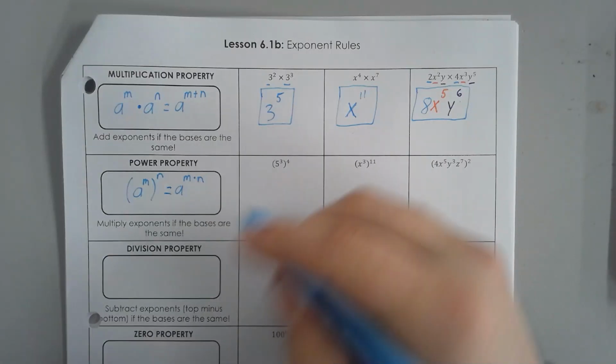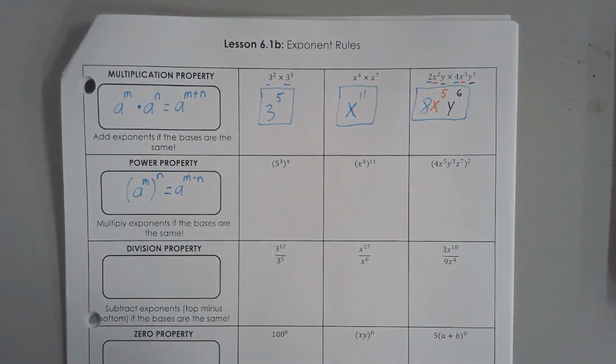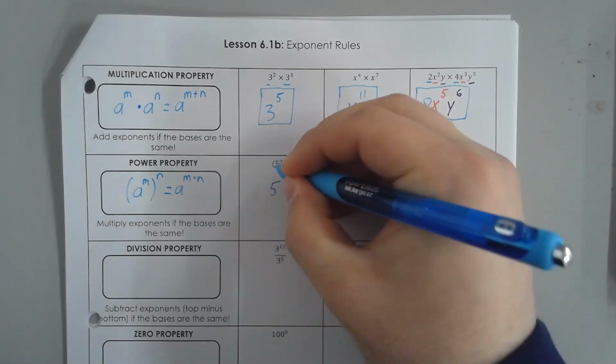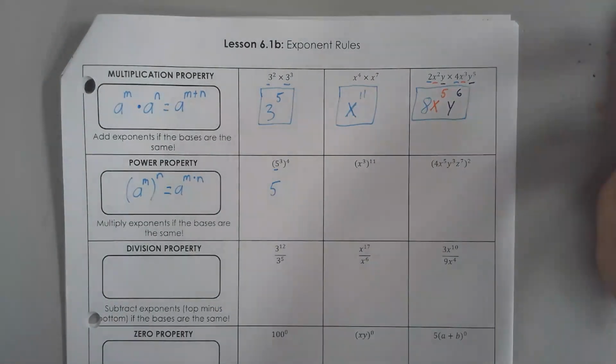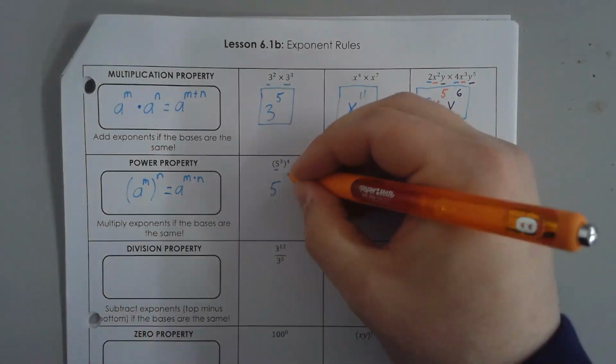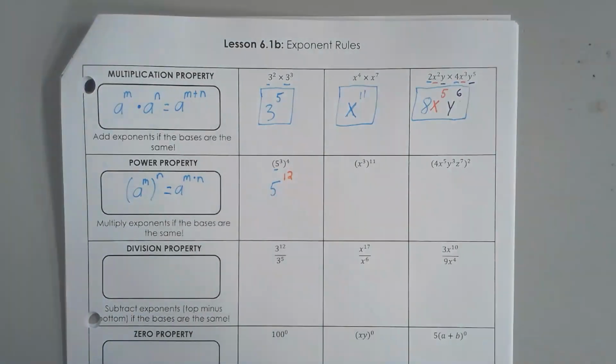So here we've got 5. That's like our A. And it's cubed, and then it's also raised to the 4th. So we multiply 3 times 4. We get 12.